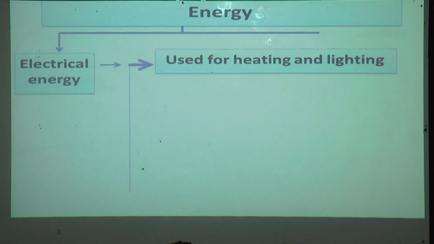Electrical energy is used for lighting. When we switch on the fan button or light button, electrical energy is passed through the wires and the light or fan will turn on.